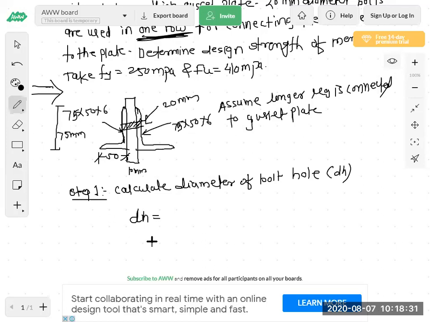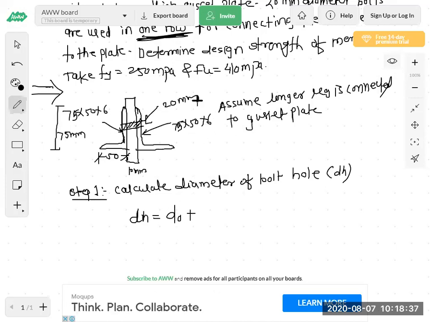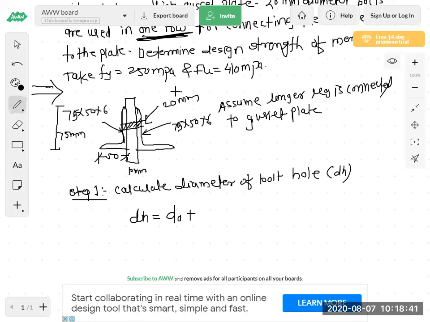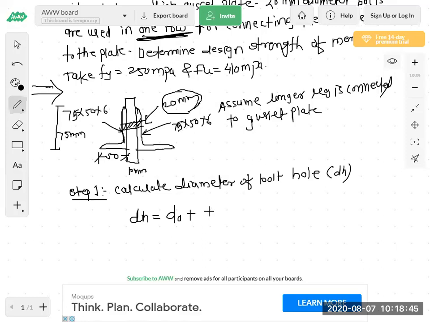How to calculate the diameter of the bolt hole? DH is equal to D naught plus the diameter of the bolt. Which bolt diameter have they given? How much is the bolt diameter? 20 mm.